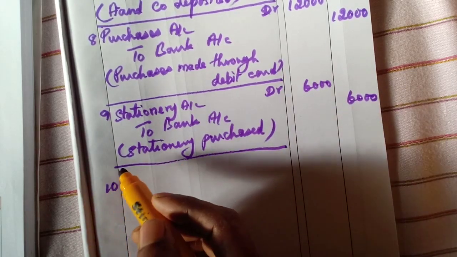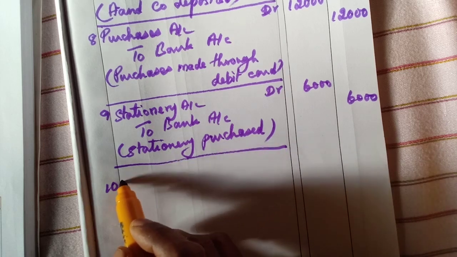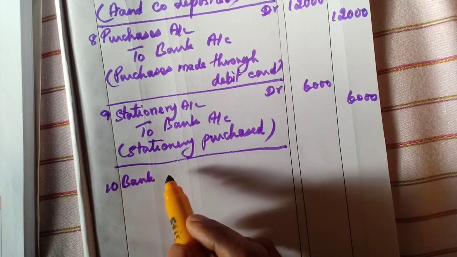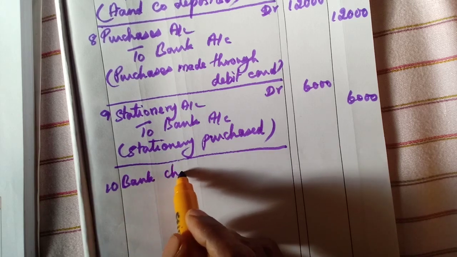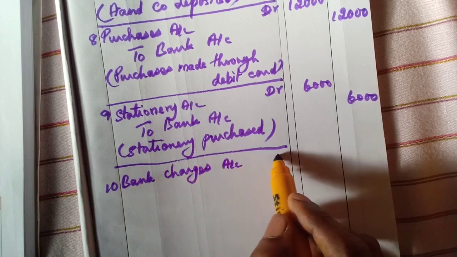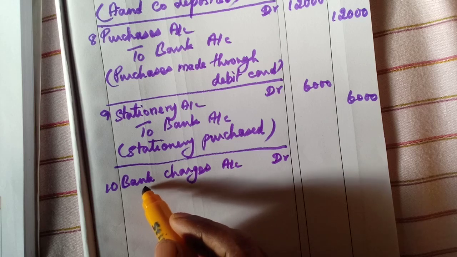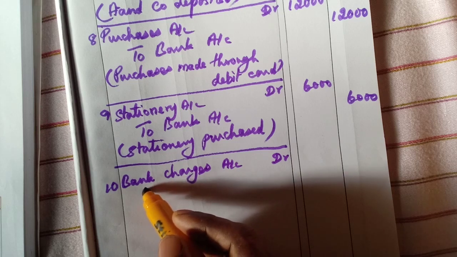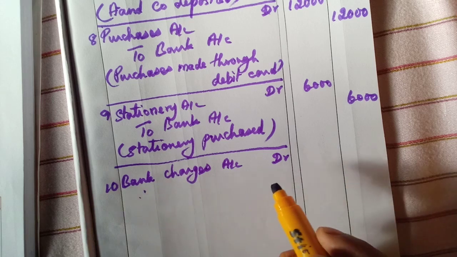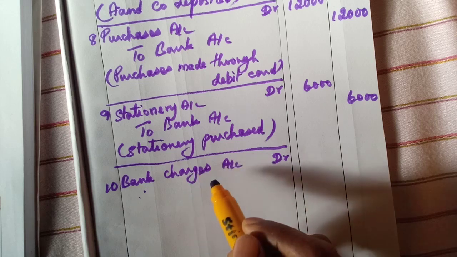Then 10. Bank charges levied. Here bank charges is an expense, so we will debit the bank charges. Then who is the giver? Here we do not pay by cash. Understand, bank charges means that it is charged by the bank.